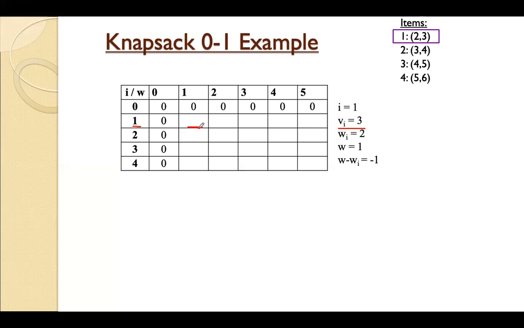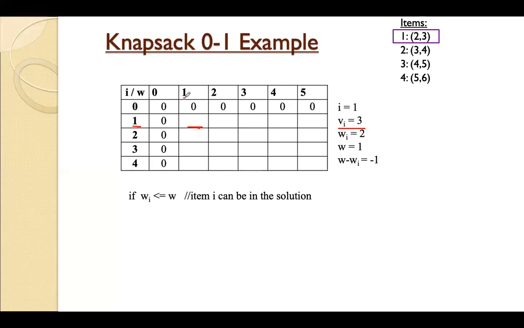We'll check for one condition: W minus Wi. What is the value? It is minus 1. It should be greater than or equal to 0, but it is minus 1. If Wi is greater than W, then the item cannot be placed in the bag. Obviously the weight of this first item is 2.